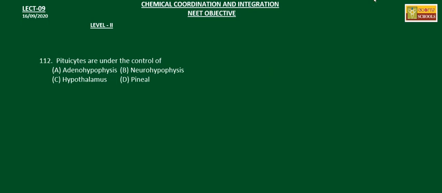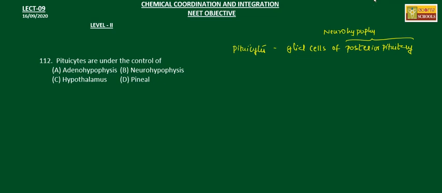Next question, pituicytes are under the control of. So what are these pituicytes? These pituicytes are the supporting cells, that is the glial cells of the posterior pituitary. That posterior pituitary is the neurohypophysis.